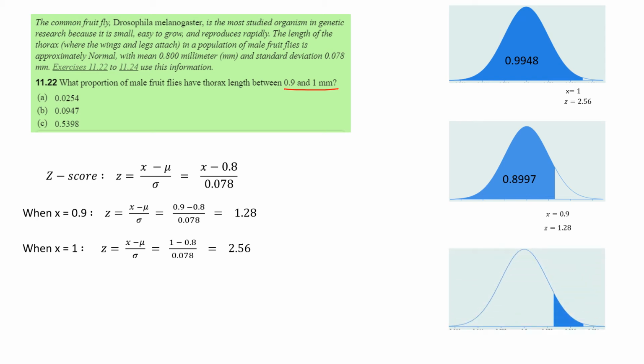But the question here is, what is the area between 0.9 and 1? That is between z equal to 1.28 and z equal to 2.56. So if I subtract one from the other, I get the answer as 0.0951.